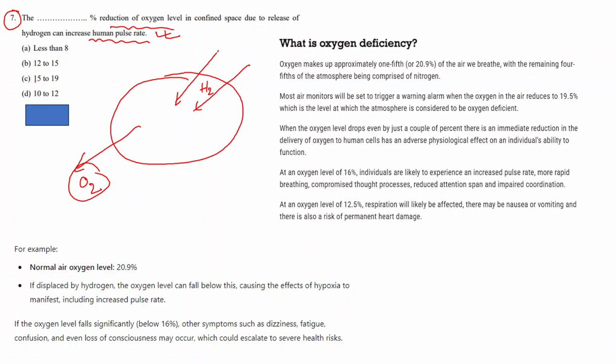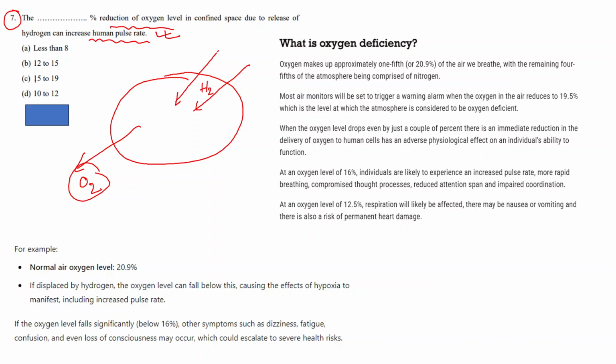I have discussed if it is below 20%, 15 to 19%, 12 to 15%. If the reduction is below 20% oxygen level, some human health hazards will be there. If it is 15 to 19%, reductions in human activities will be there. 12 to 15% it is the increase in pulse rate, respiration problem.